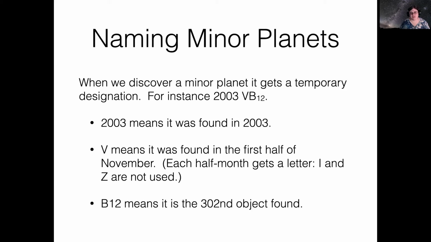V means it was found in the first half of November. How it works is each half month gets a letter. The first object found in the first half of November will be VA1. And then the second letter basically groups things in 25s.